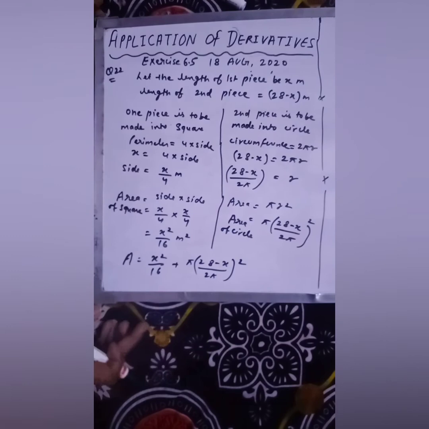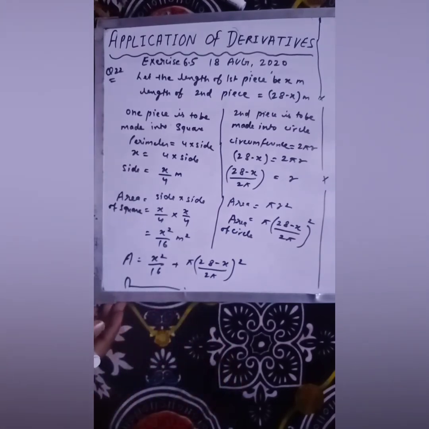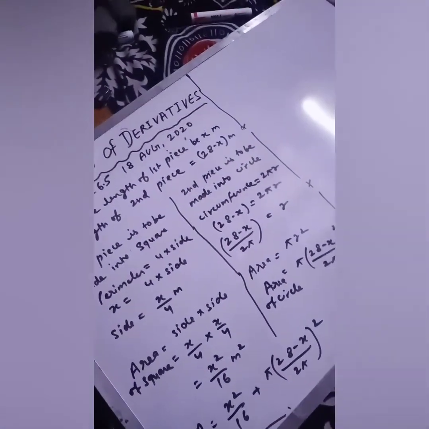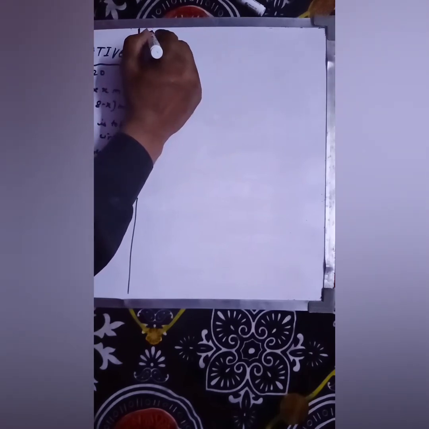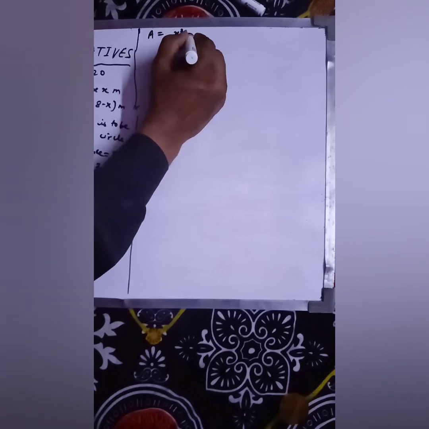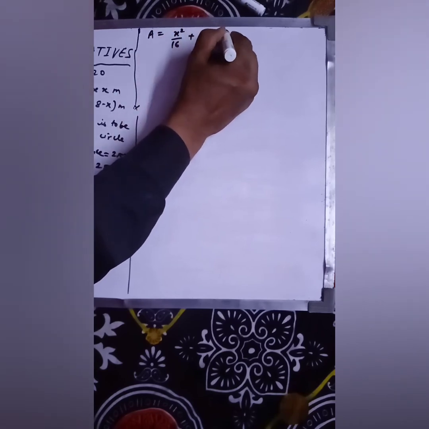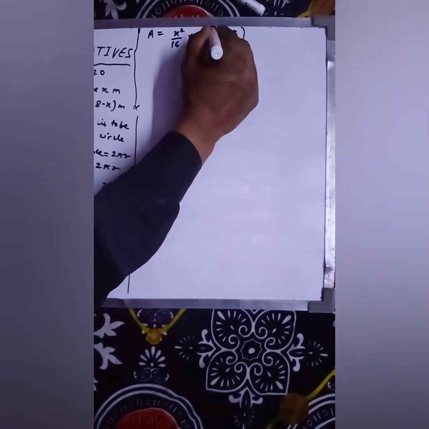So this is your equation. Now what you have to do is differentiate this both sides with respect to x. Fine. Now on this page, I'm just copying your equation number 1. So A is equal to x square upon 16 plus pi times (28 minus x over 2 pi) whole square.